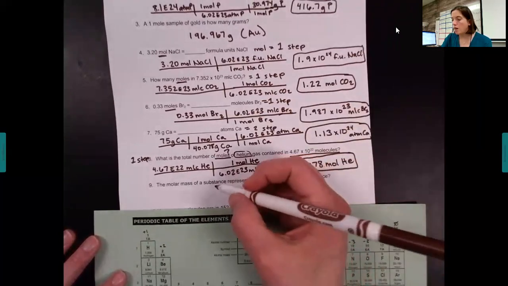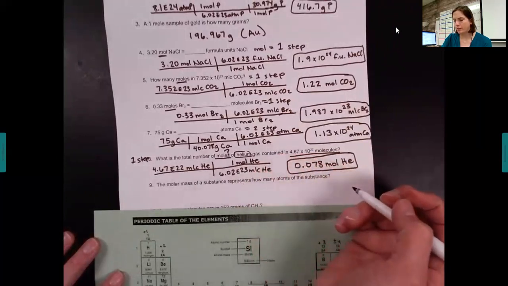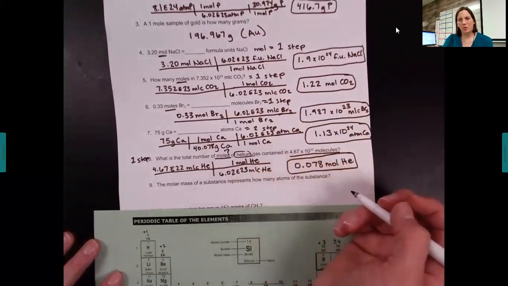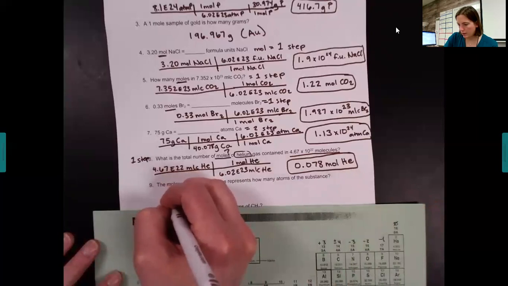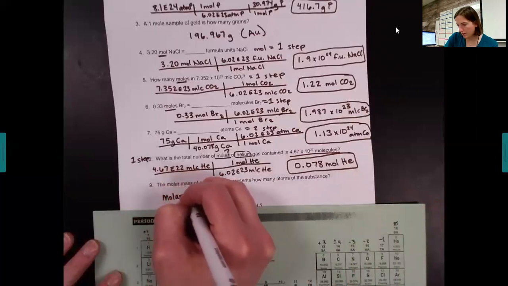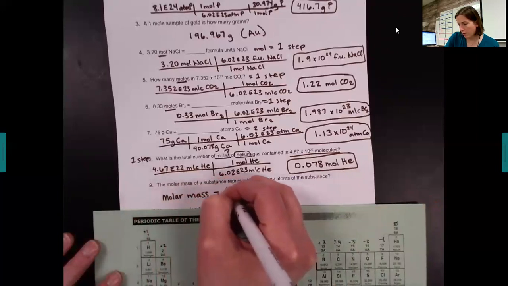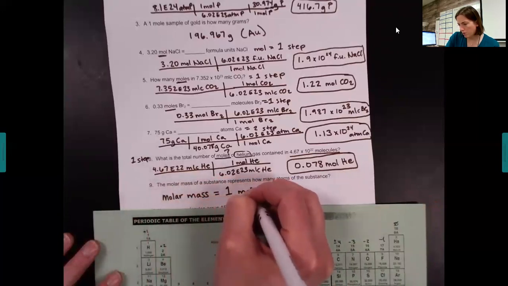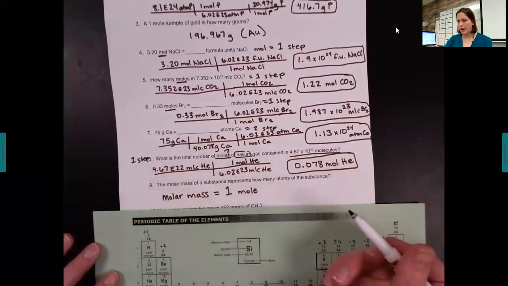Number 9: the molar mass of a substance represents how many atoms of the substance? Well, that's a different question. The molar mass of a substance, we know it as being equal to 1 mole. But that's not what this question's asking.